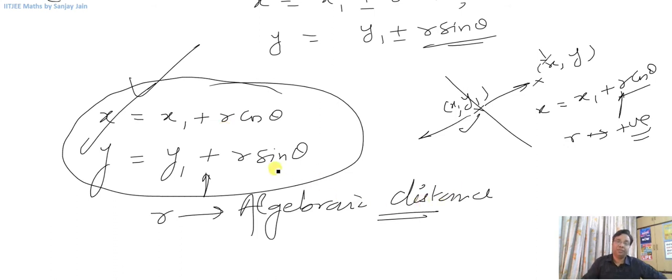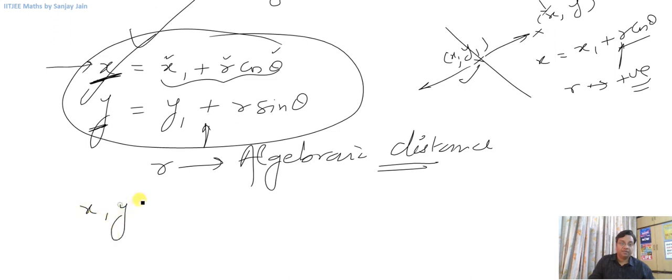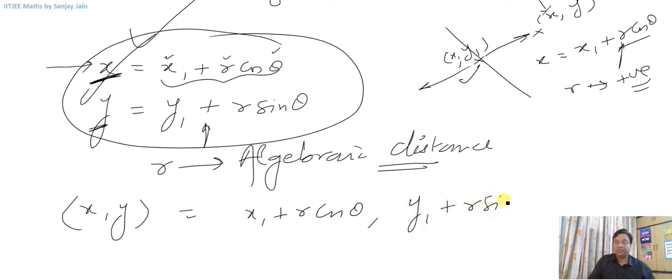So in simple terms, when you have to assume a point in terms of x1, r and theta, you can simply consider that point xy as x1 plus r cos theta, comma y1 plus r sin theta.